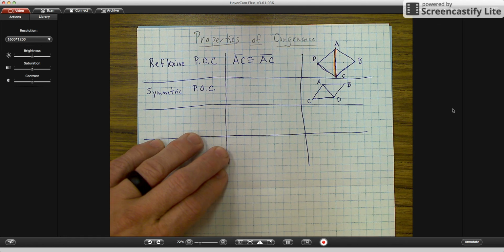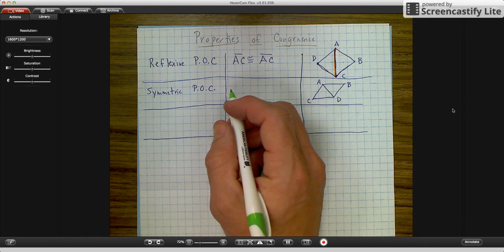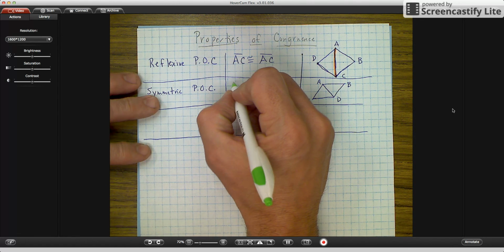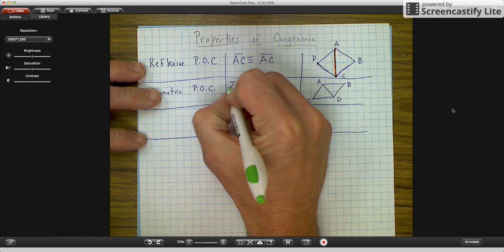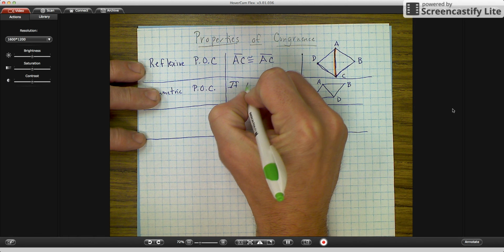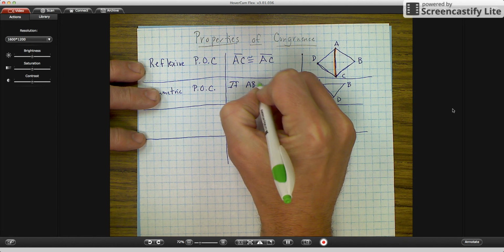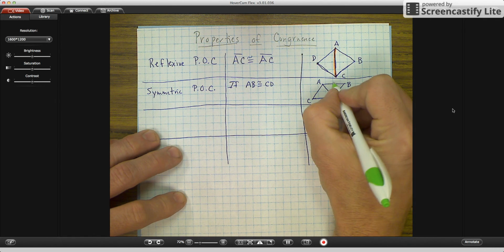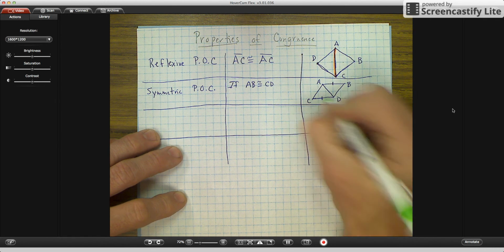And what it says is the symmetric property of congruence says if AB is congruent to CD, and how would I make that congruent? I would make AB is congruent to CD.